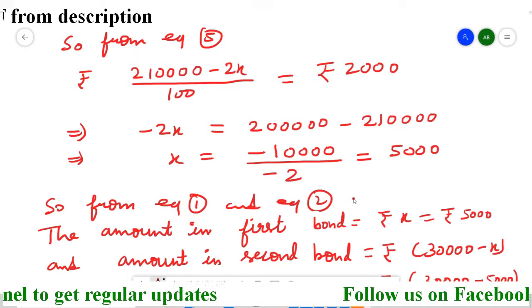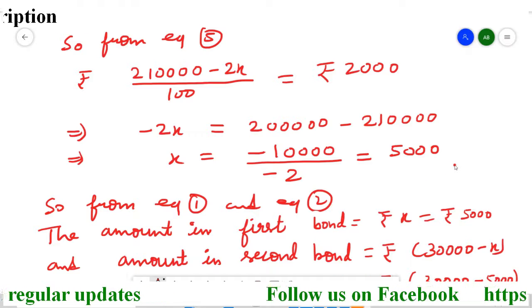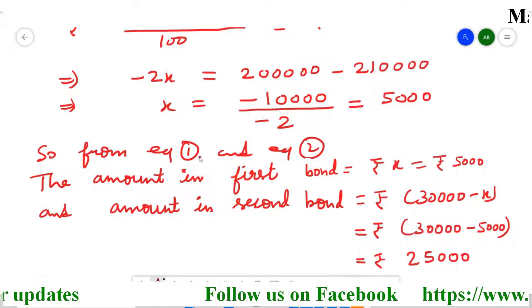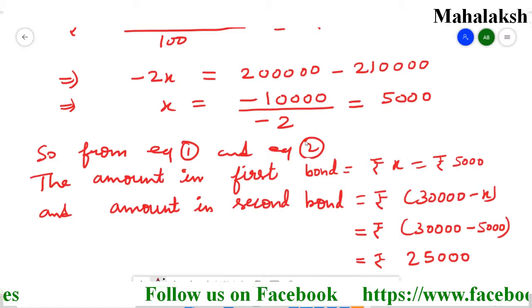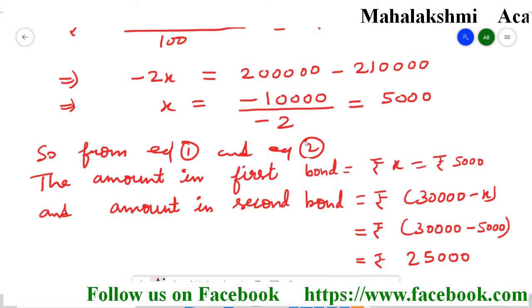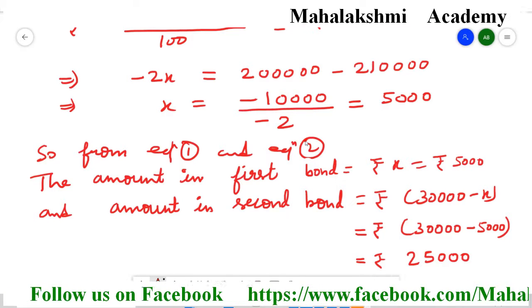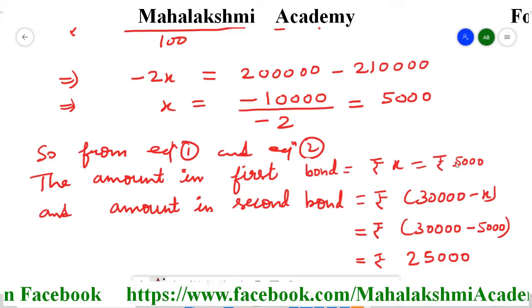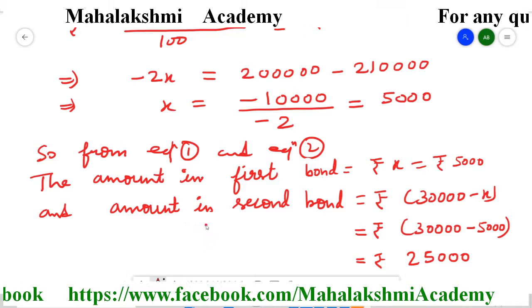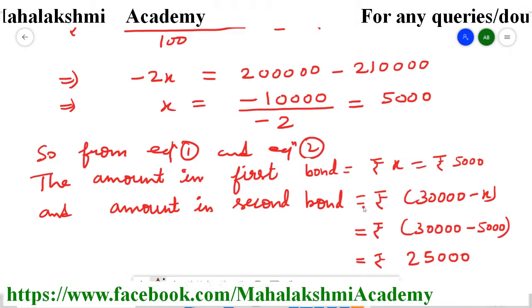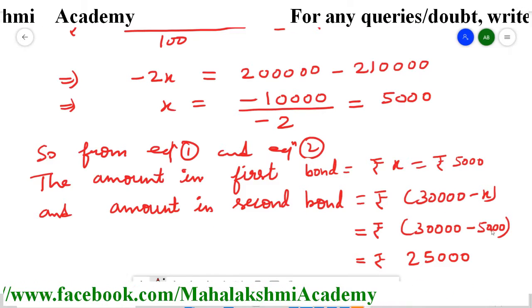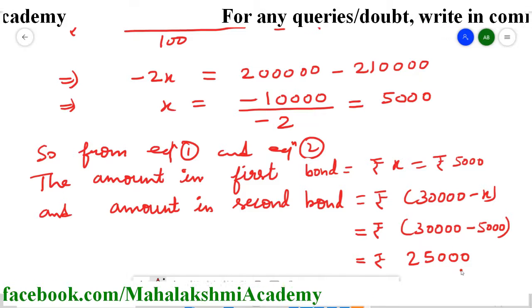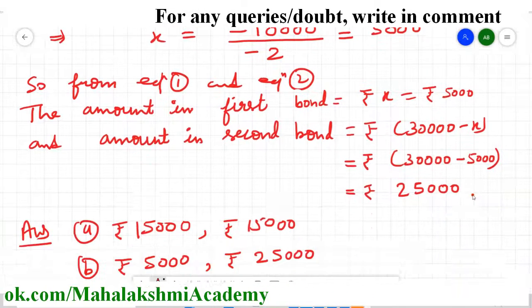Now from equations 1 and 2, again the same thing. Again we have to find the amount in the first bond as well as the amount in the second bond. So we move again to the first equation and the second equation. In the first equation we have the amount in the first bond as rupees x. Now how much is x here? 5,000. And the amount in the second bond, which is in equation 2, is 30,000 minus x, and that gives us 25,000.